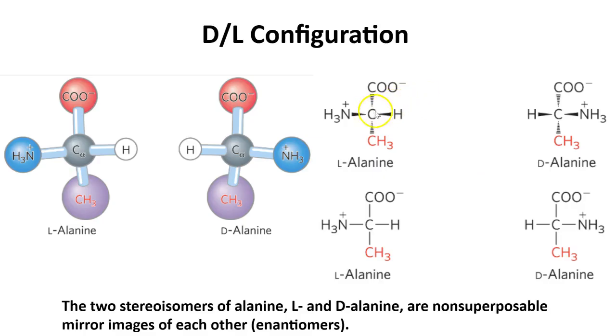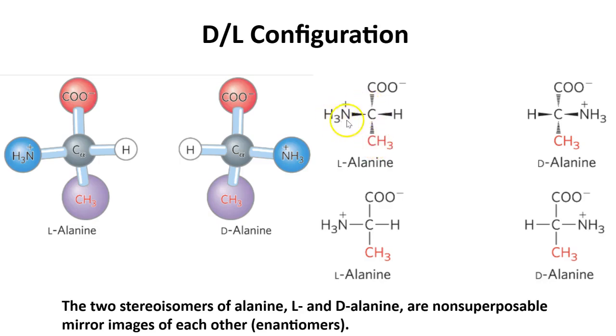You have this carbon center, with wedges pointing out of the plane. You have this amino group and the hydrogen, and then what's pointing behind the plane with the dashes is the carboxylate group and this carbon group, so this R group.